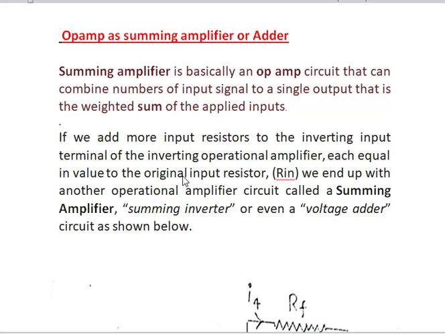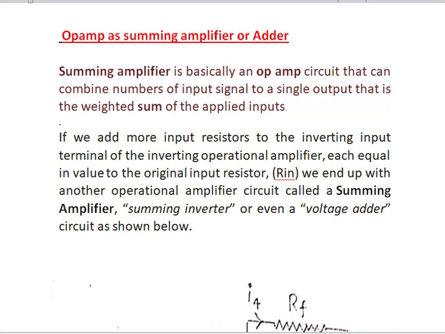It is basically an operational amplifier circuit which combines a number of input signals into a single output. If we add more input resistors to the inverting input terminal, each equal in value to the original input resistor, we end up with another operational amplifier circuit called a summing amplifier.